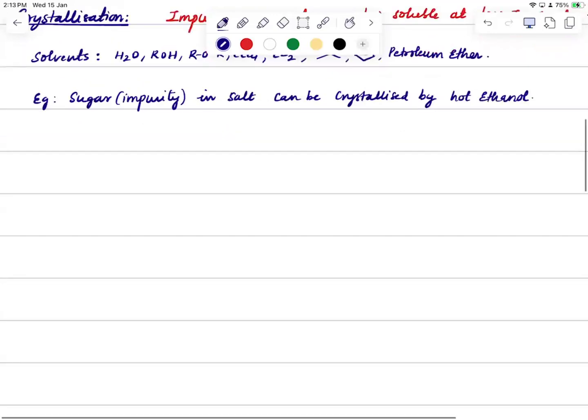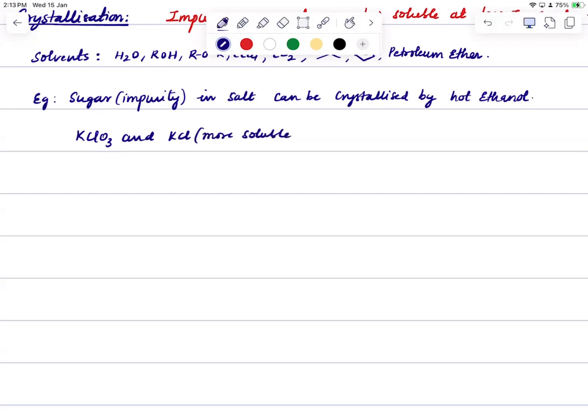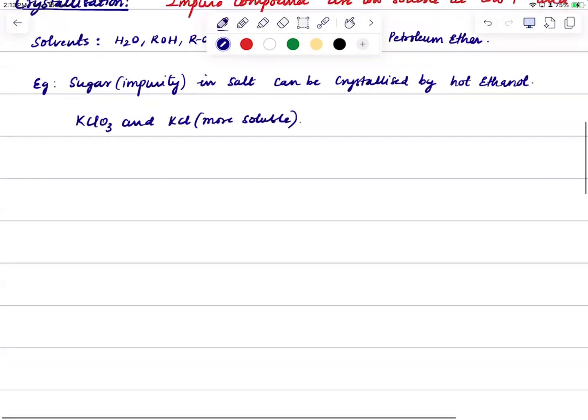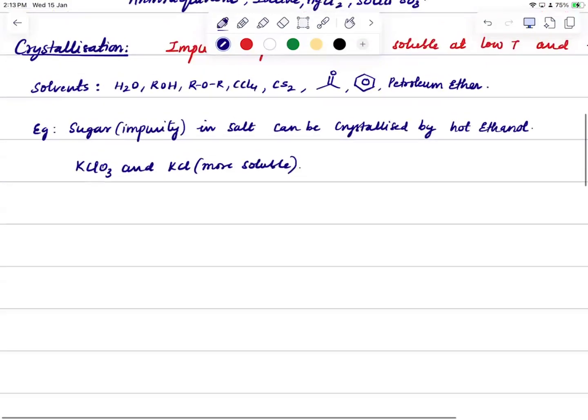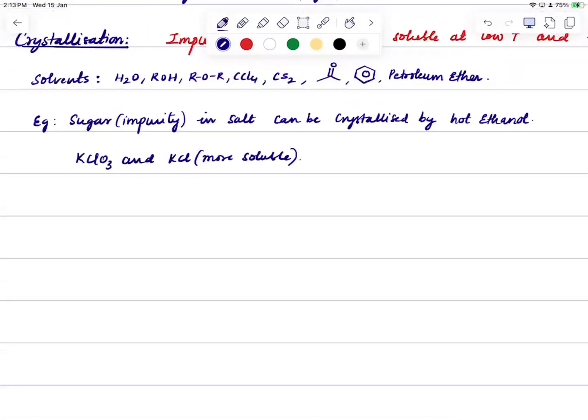Another example is KClO3 and KCl, which can be separated. Out of that, this is the more soluble form, so we can add it to water and separate these two based on crystallization.